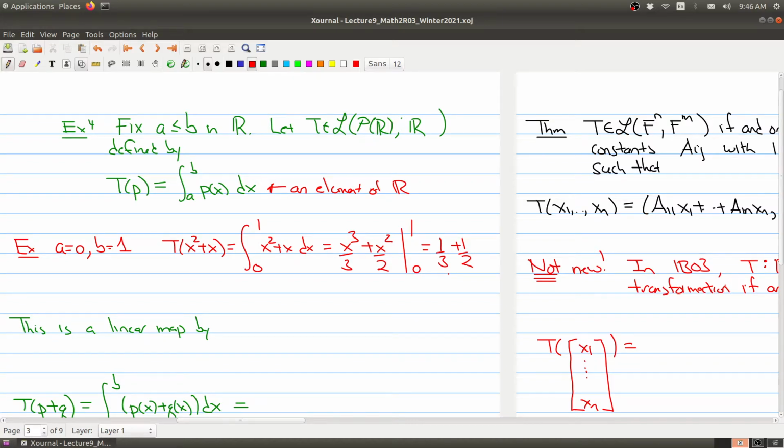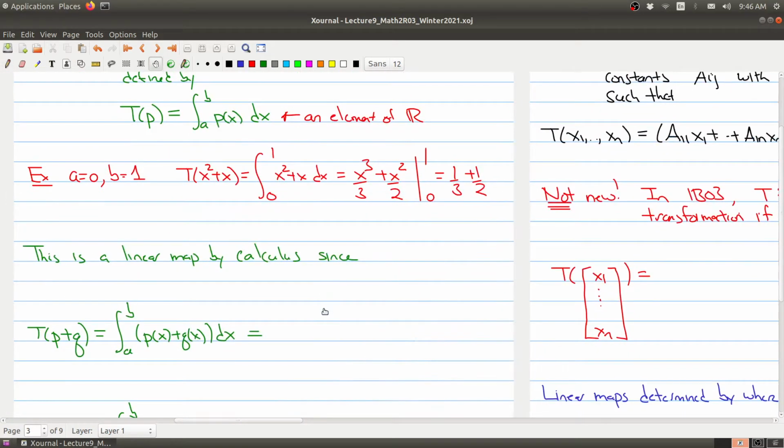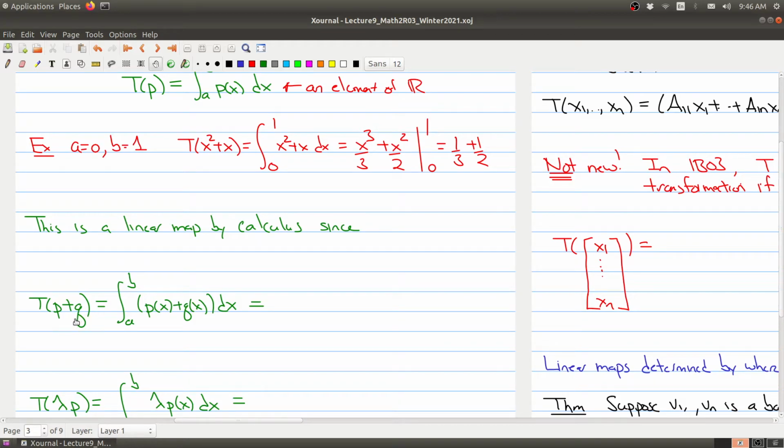Now this is actually a linear map by calculus, because just like our derivative example, we're just using properties that come up from calculus. And why is that? Well, if we're integrating our polynomial p plus q on the interval a, b, you know from calculus that you can break this integral into the integral of p(x) on the interval a to b, and you can add it to the definite integral of q(x) on the interval a to b.